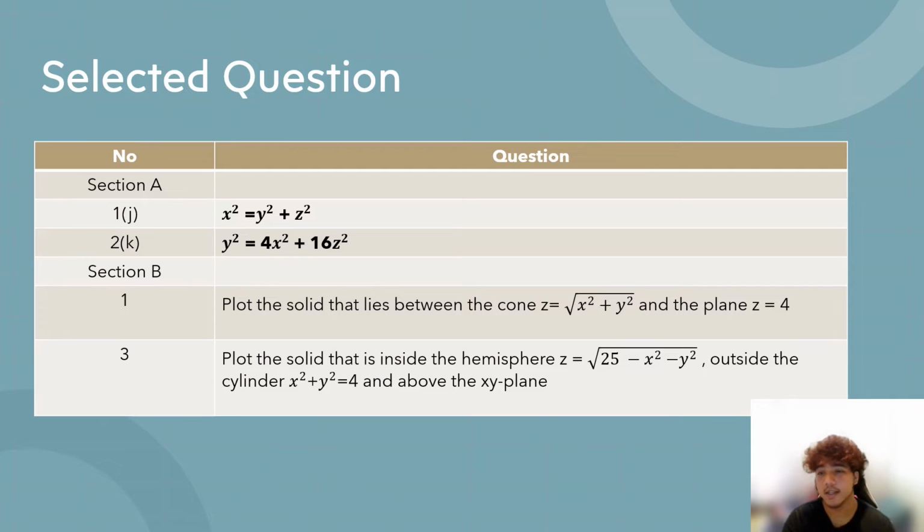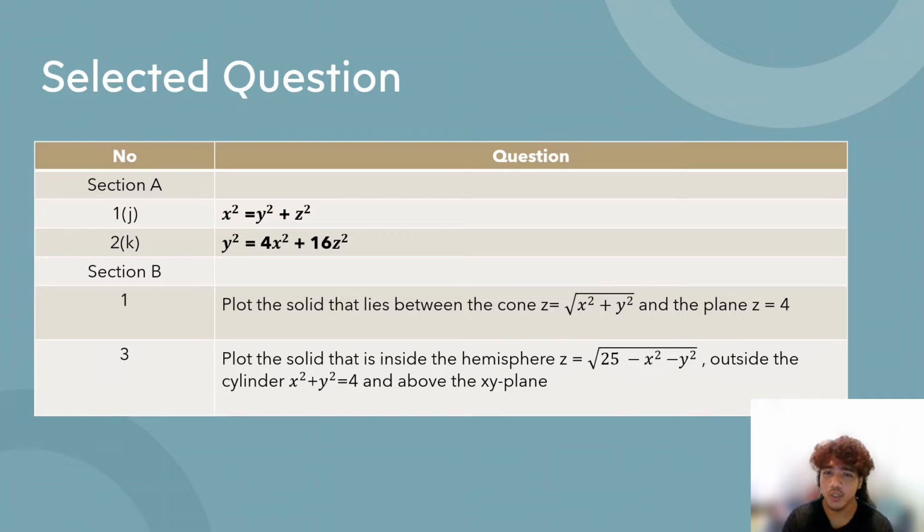Next is the selected questions that I picked for this assignment. For section A, I choose the equations J and K. The equation J is x squared equal to y squared plus z squared, and the equation K is y squared equal to 4x squared plus 16z squared. For section B, I choose questions 1 and 3.